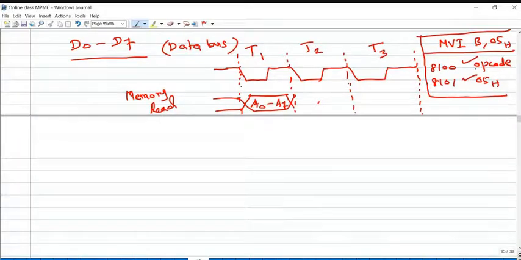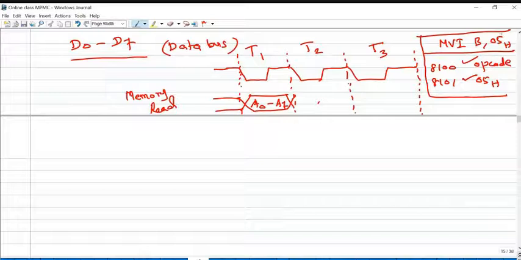Whenever the processor fetches the opcode or instruction from the memory, the instruction register stores the opcode and the instruction decoder decodes it. During the T4 state, the processor interprets what kind of operation it is, and it understands that some data needs to move to the B register.